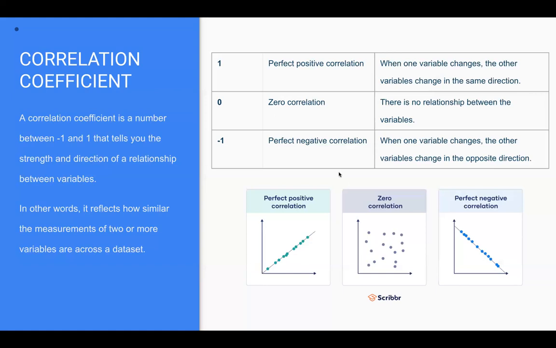And then we go on to our -1, which is a perfect negative. This is when one variable changes the other variable, but in the opposite way.